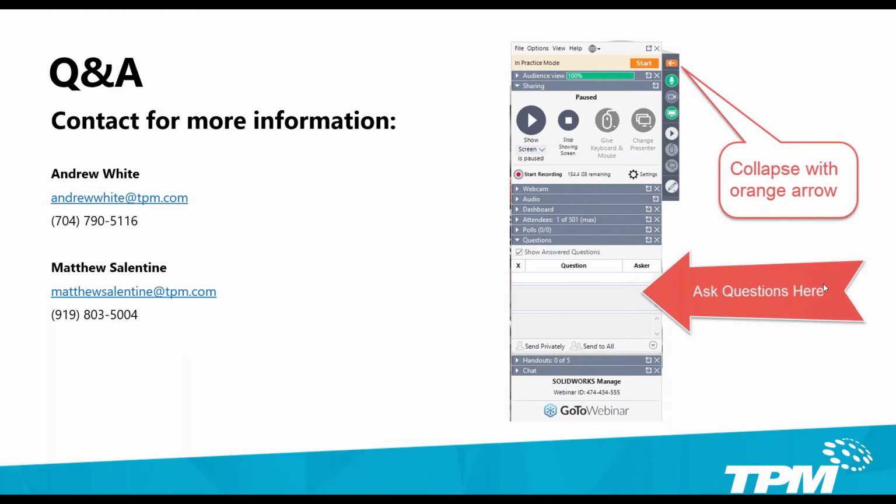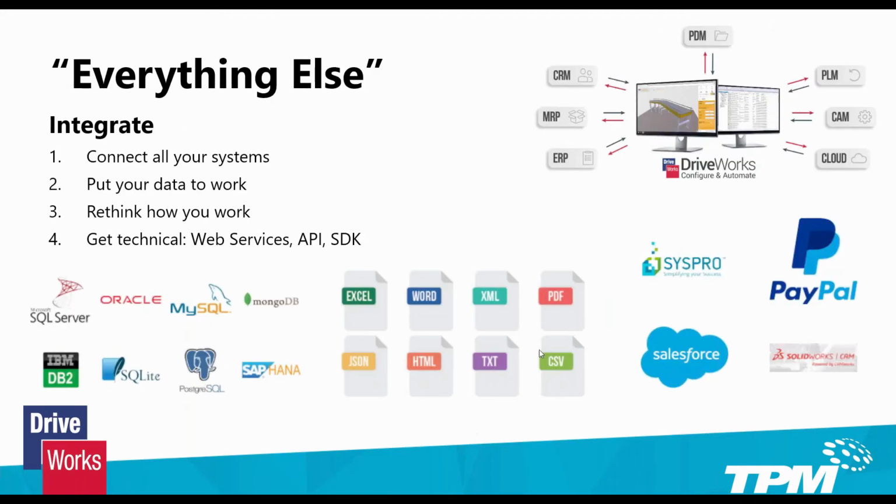So there are a number of ways that DriveWorks can pull in data and act on it automatically: an Excel file, a text file, a CSV file, XML, SQL database, any number of databases. I'll go back to the integration slide. Any number of databases, any number of actual files.